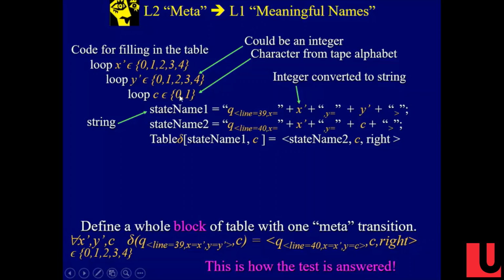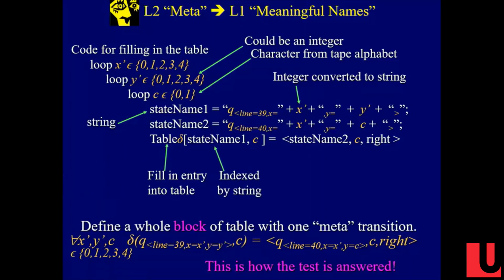So I'm filling in this table, one table entry. We're indexing the table by these strings, which is a funny way to index tables. Really, you're going to need to do some sort of hashing, and we're indexing by the tape character. Everybody follow that? And here, that's an entry into the table.